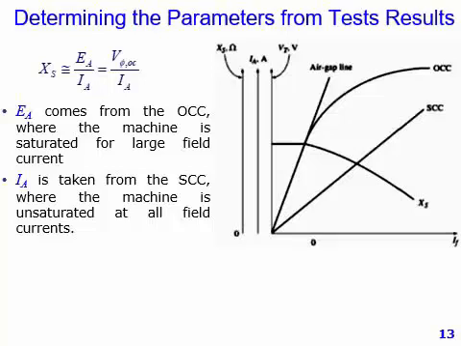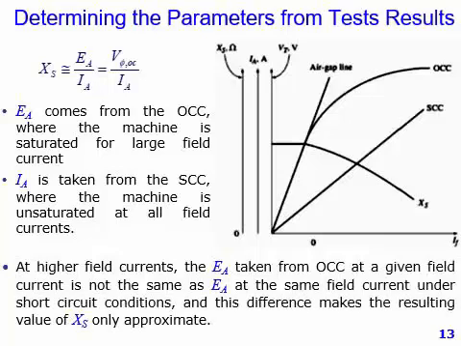In the diagram it has also been shown that this is the SCC, which is not saturated, and this is the OCC, which has been saturated after some time, and this is the diagram showing the reactance of S. If we know E of A and I of A, we can easily find X of S. At higher field currents, the E of A taken from the OCC at a given field current is not the same as E of A at the same field current under the SCC.